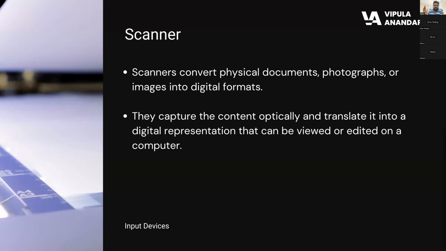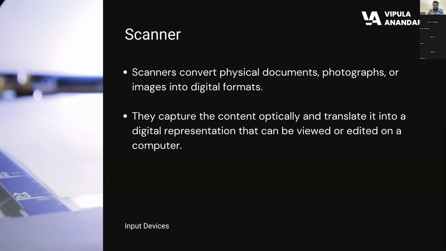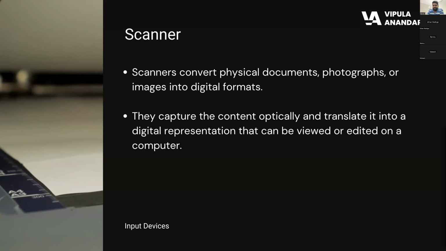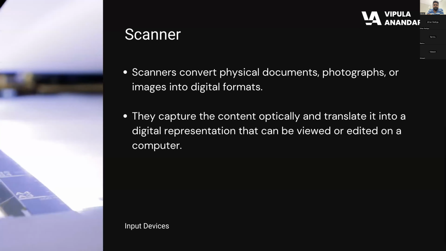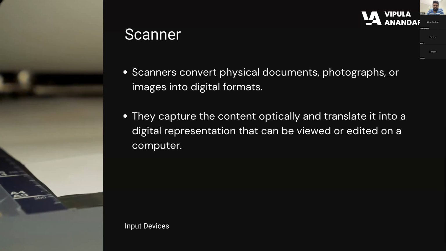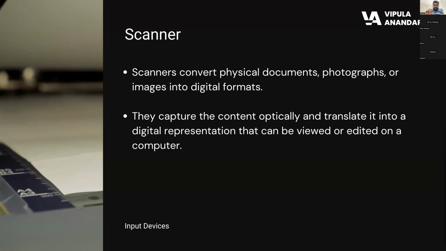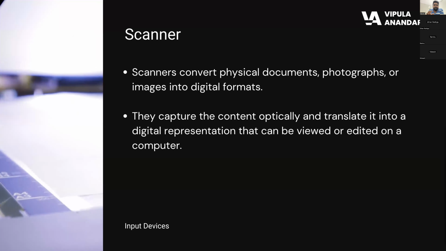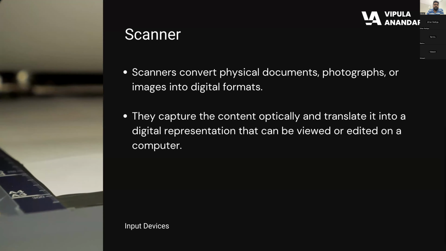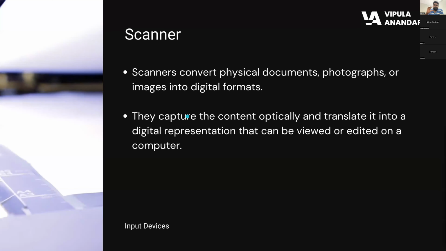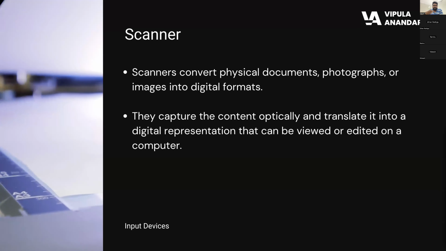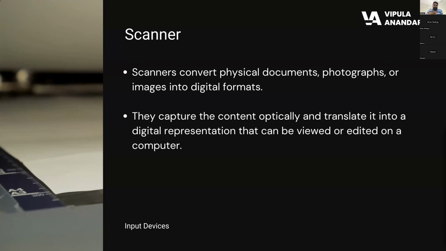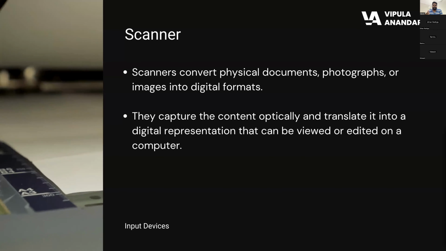It captures content part by part, but the accuracy comes from the controlled light it automatically gives you, which allows you to get a clear output since that light is illuminated during the full scan process.